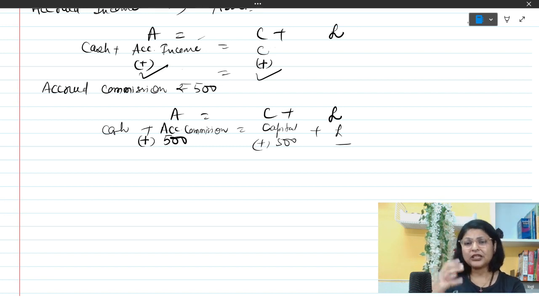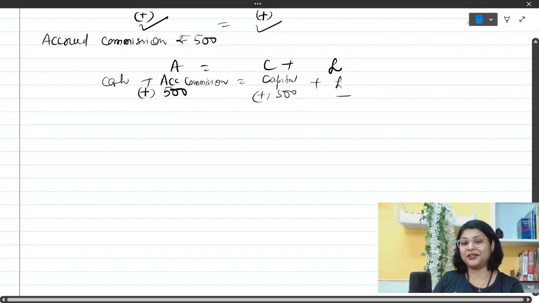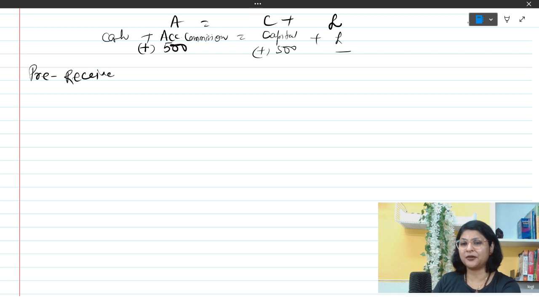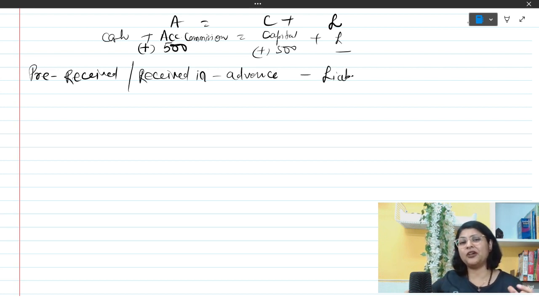And one more concept related to this is pre-received. What we had done earlier is paid in advance or prepaid. Now, pre-received or received in advance. What is pre-received or received in advance? It has the same nature as outstanding expense, meaning it is a liability. You are not entitled to receive it right now, but you have received it.